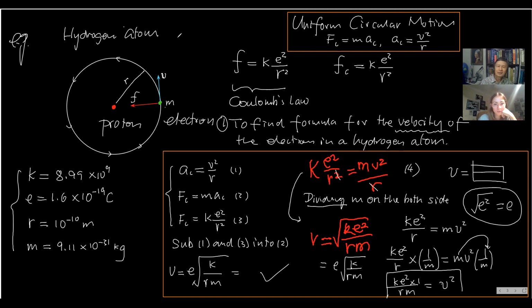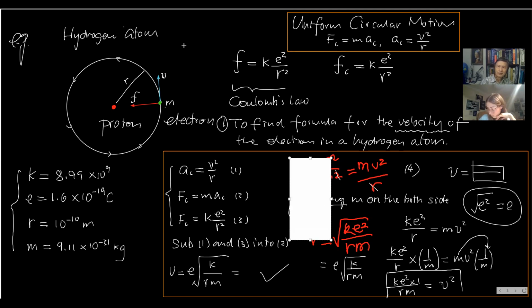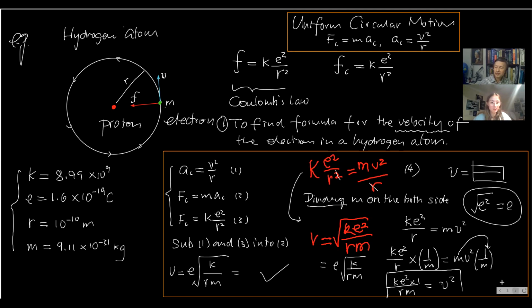It's interesting to know the number of the velocity. I have a calculator. Can you just substitute the numbers into the calculator to see the number? I think it should be very fast, but not necessarily faster than light speed.